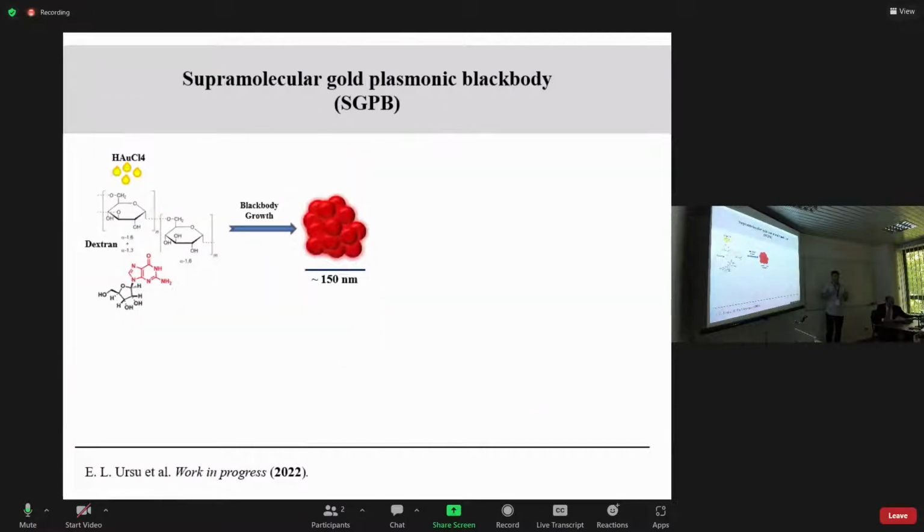At the beginning of this year, we turned our attention to a material which is found in the literature under several names. For example, gold plasmonic black body, colloidal gold, or just black gold. And what are these?